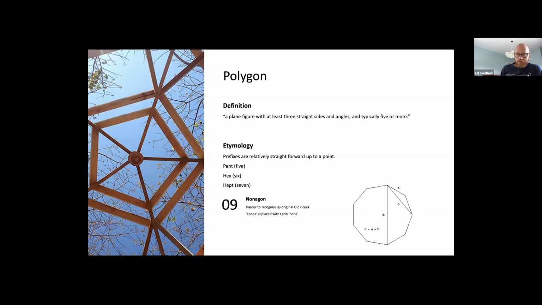We've decided to change on that one. So most of them follow Greek, but for some reason we decided nonagon, we're going to switch to Latin for a laugh. But then when we talk about 19-sided shapes, we bring ennea back in just because we're annoying.